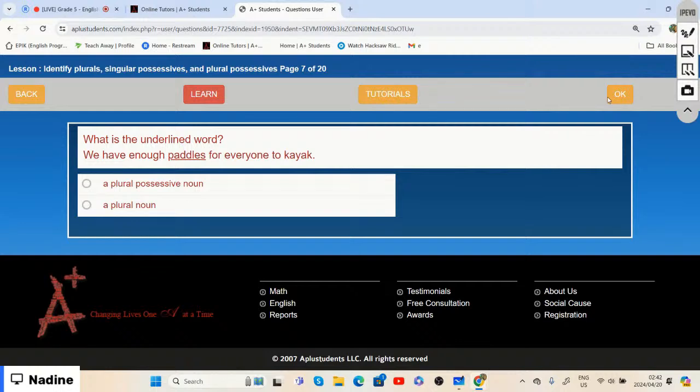All right. So we can say that we have enough pedals for everyone to kayak. And we will say that that is a plural noun because it only refers to more than one pedals.